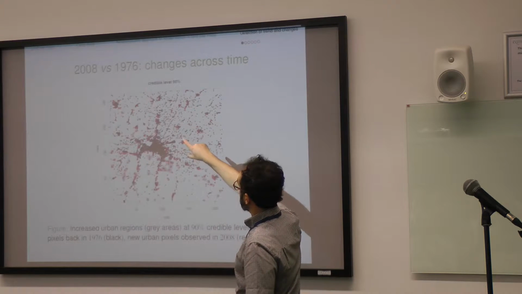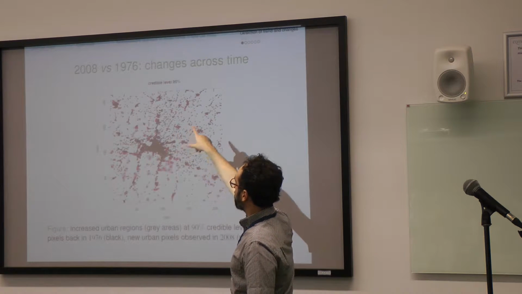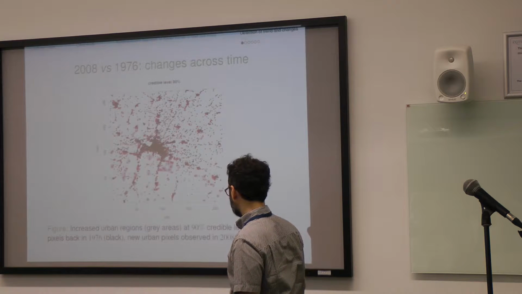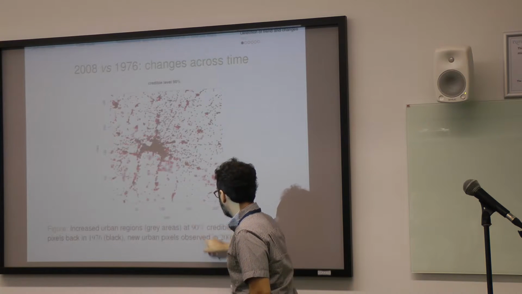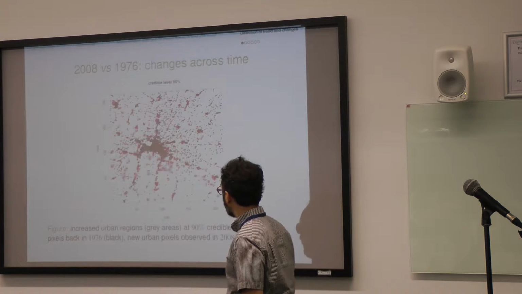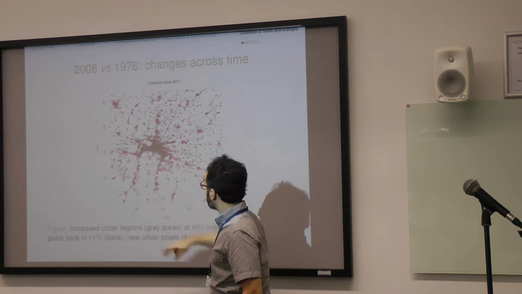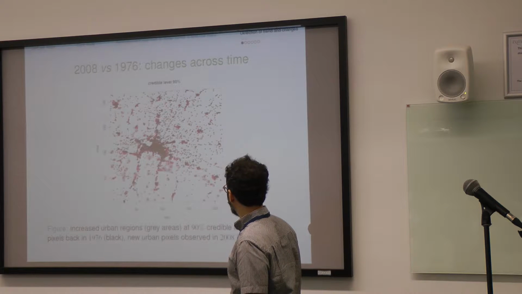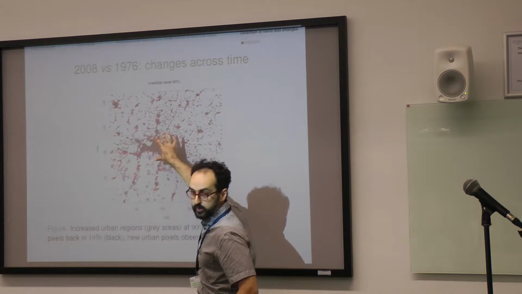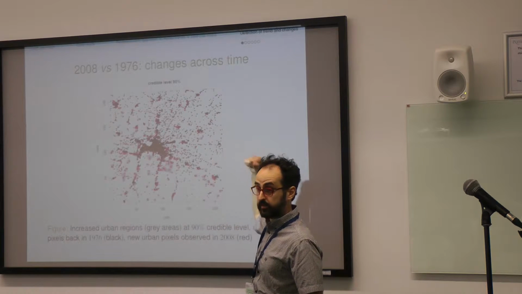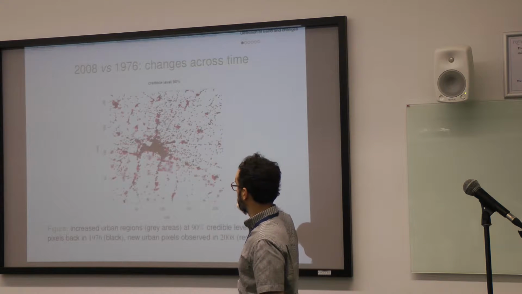This is a comparison, again, 2008 and 1976, and we fix a credible level, 90%. The red pattern is the data at 2008, and the black pattern is just superimposed here, and is the pattern in the past, 1976.